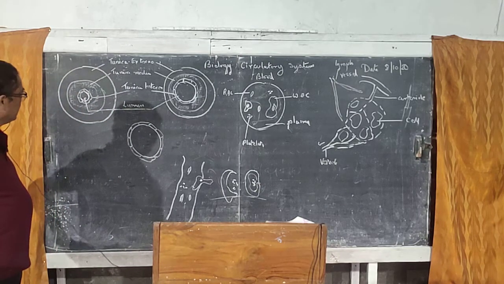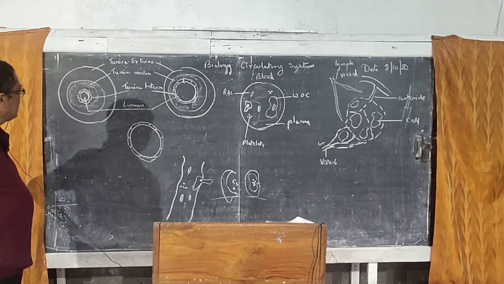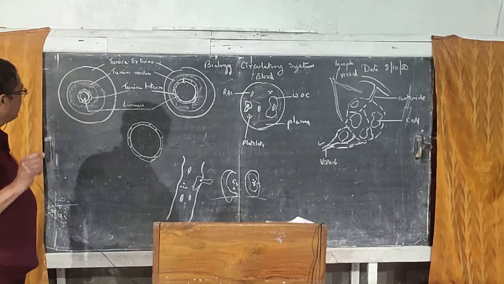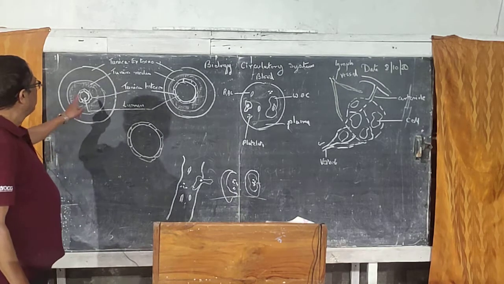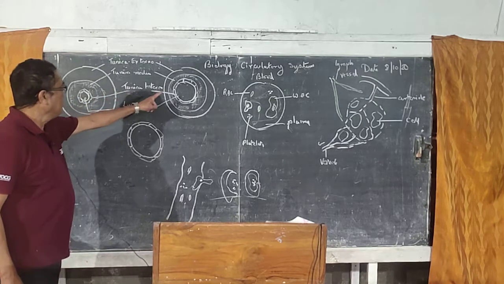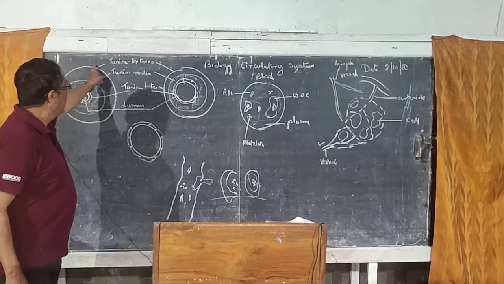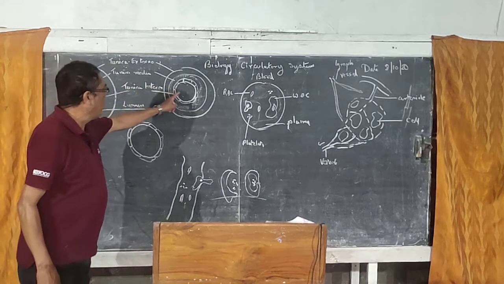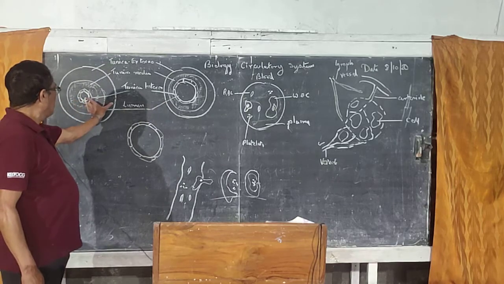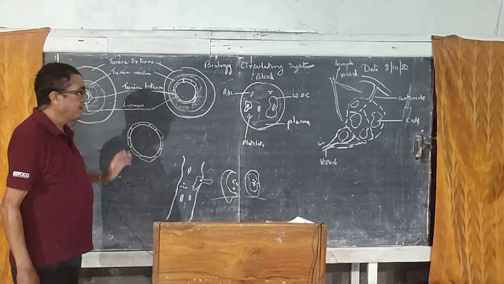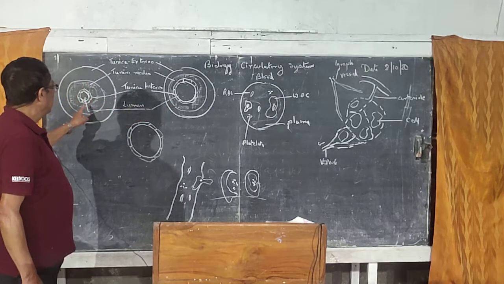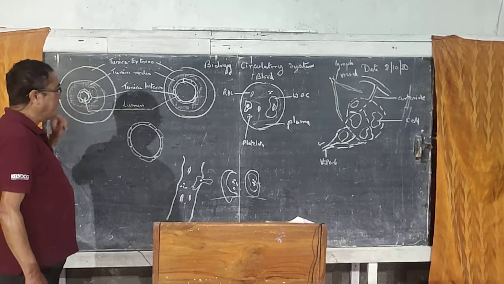Now, the differences between artery and vein. If they ask you such structural differences, then you go for lumen. So, this one is your artery, this one is your vein: narrow lumen, broad lumen, thick wall, thin wall, and valves are present in the veins and absent in the artery.